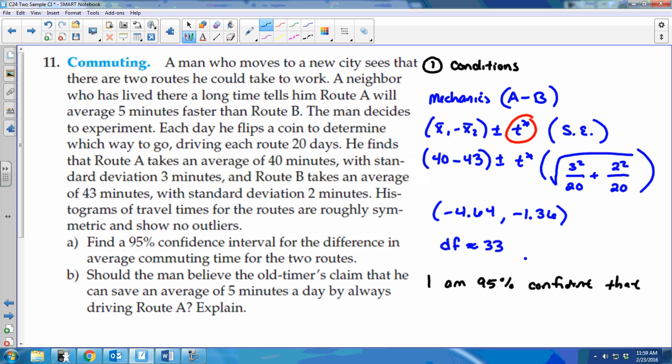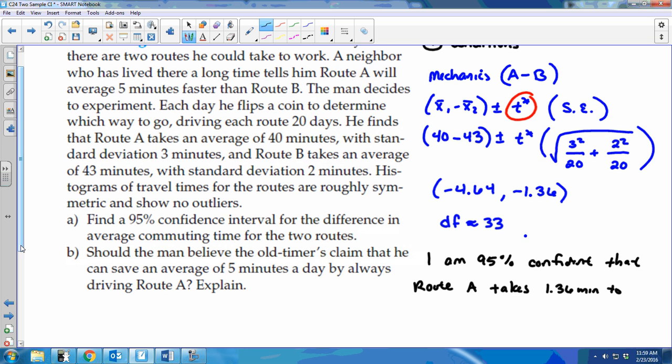That route A takes, not takes, the wrong word, 1.36 minutes to 4.64 minutes faster than route B. That's a direct comparison. That's exactly what the interval shows, right?